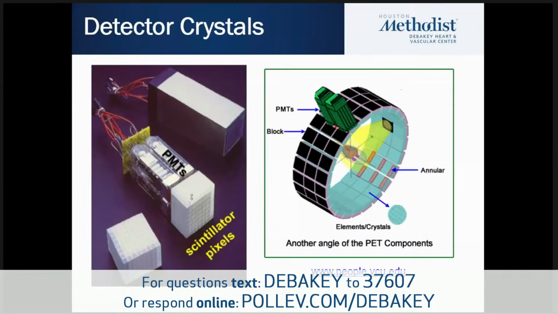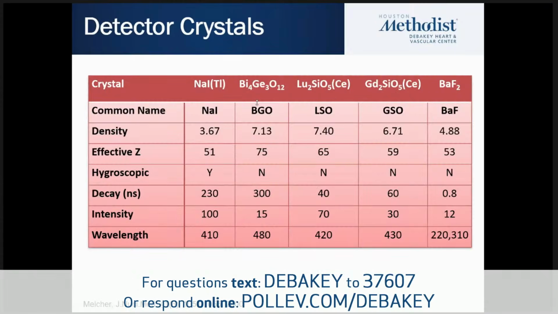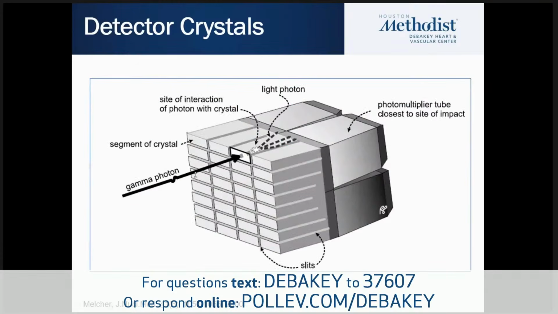As I mentioned, in SPECT, we use sodium iodide. In PET, the most commonly used right now are the lutetium based, which is the LSO, and other vendors use LYSO, where about 90% of it is LSO, and then older systems used to use BGO. So what happens?